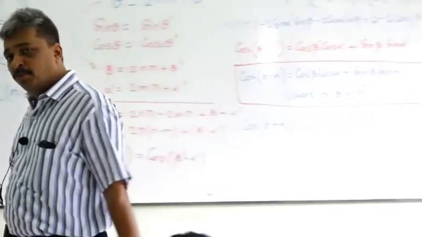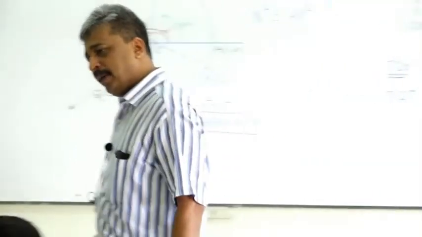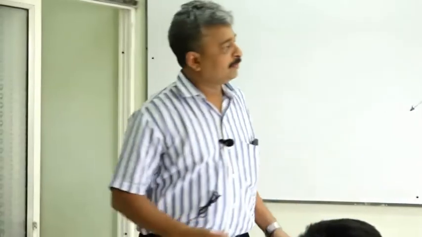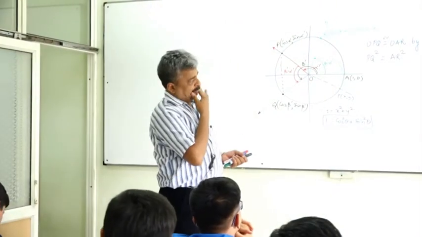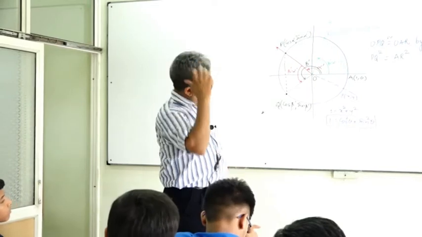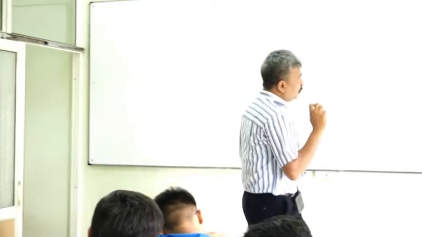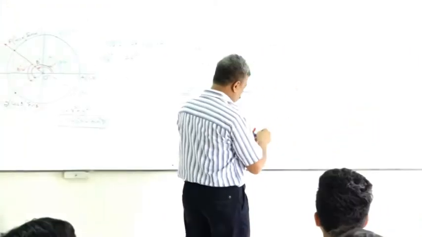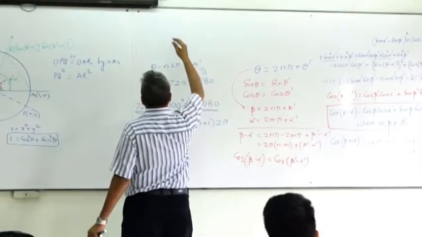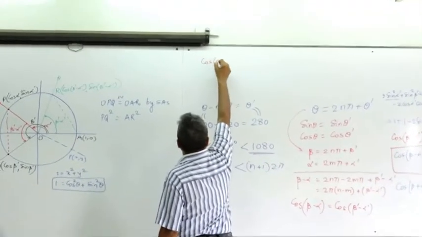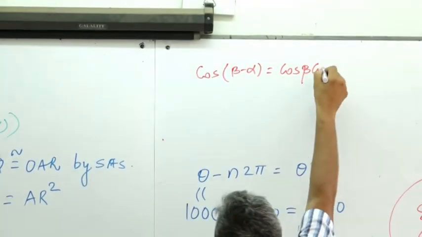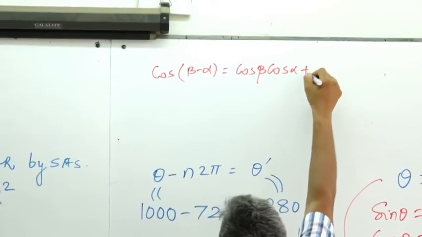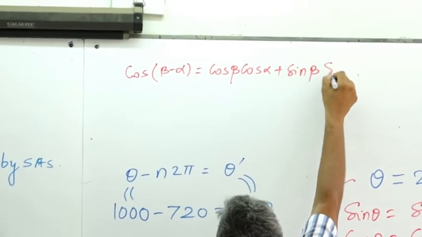Now we require two more: sine of the difference of two angles and sine of the summation of two angles. So how do we go about it now? Before that, maybe let us do some earlier stuff, whether it is true or false. We have got this formula: cos of beta minus alpha is equal to cos beta cos alpha plus sin beta sin alpha.